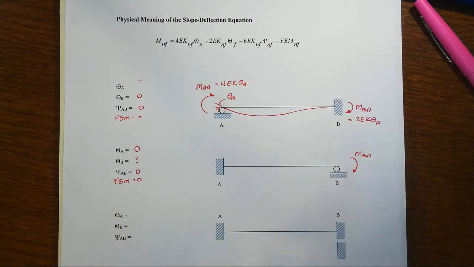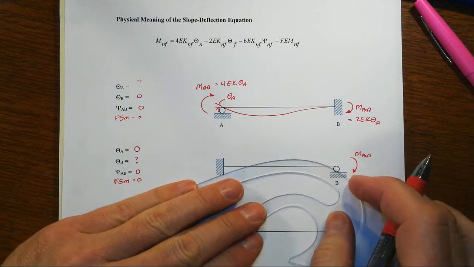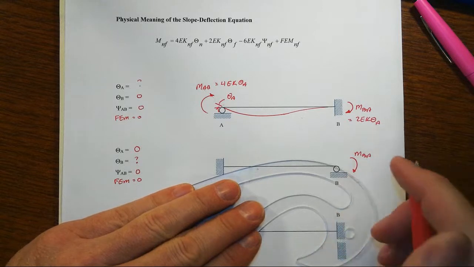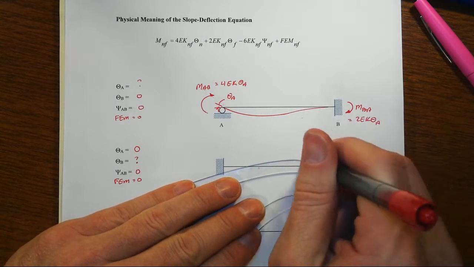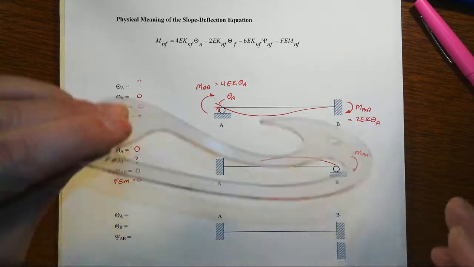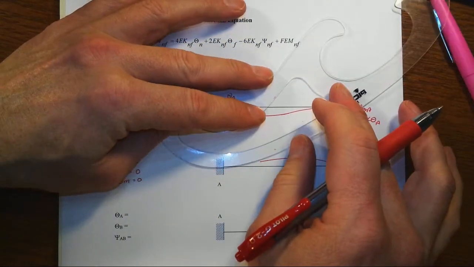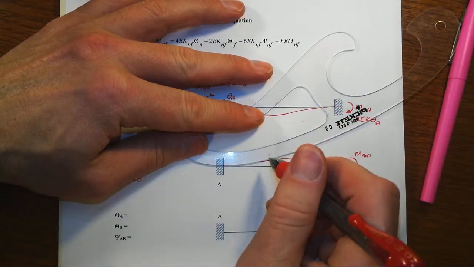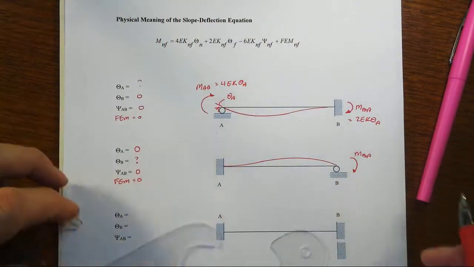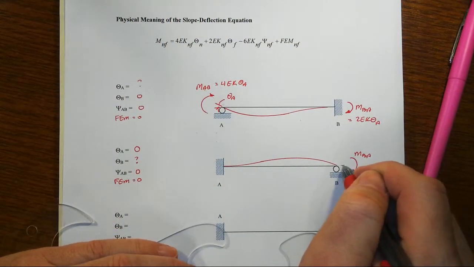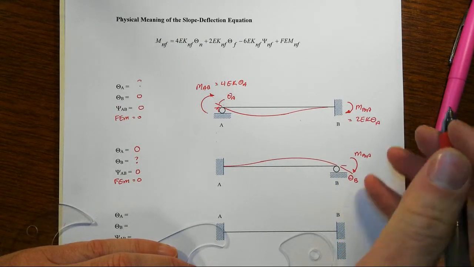Here we'll get a deflected shape that will look maybe something like this, and there again we'll have a rotation that has happened over here at B. That's your theta B term.